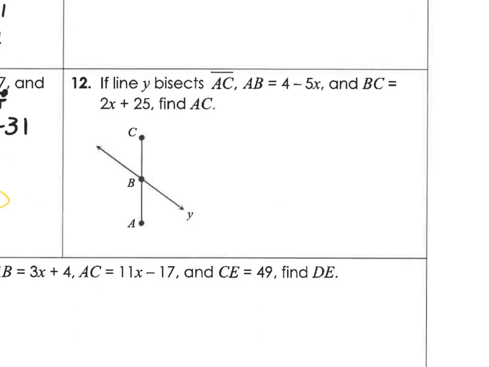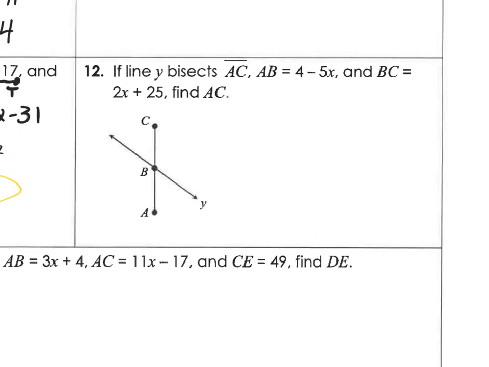Okay, let's come over here. I'll help you set up 12. If line Y bisects A and C, okay, so if line Y bisects A and C, that tells us that these are equal.